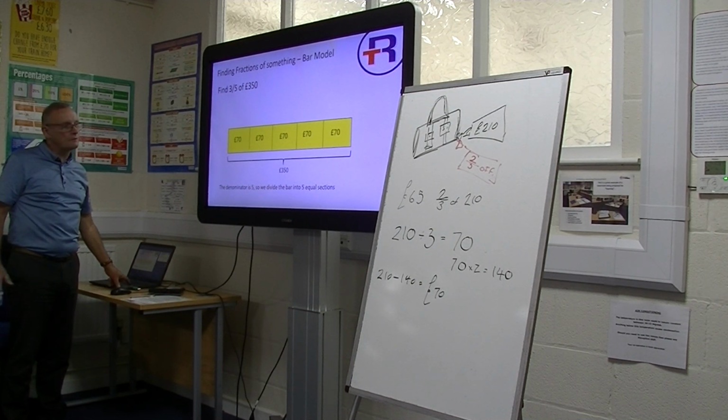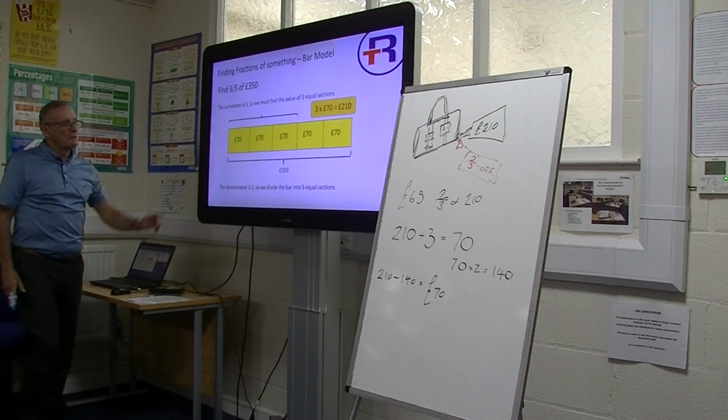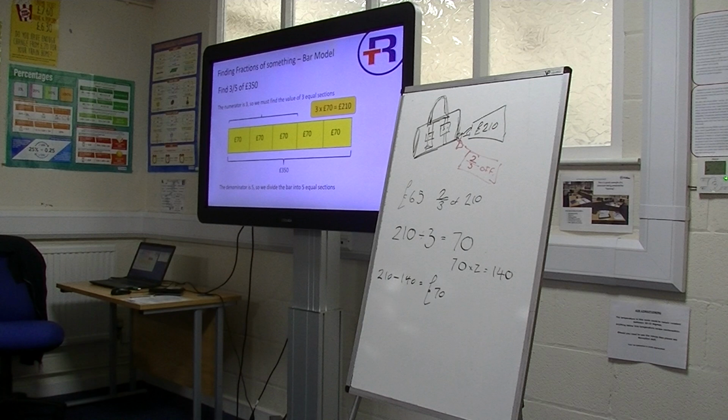We need to find 3 sections. 70, 70, 70, 210. It's the same thing that we've just done. We've divided it by the bottom, but it's more visual than numerical. Okay.